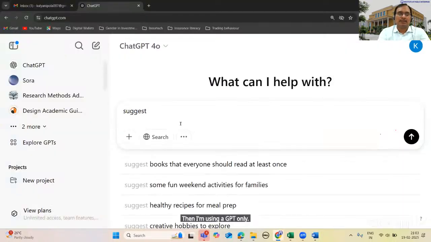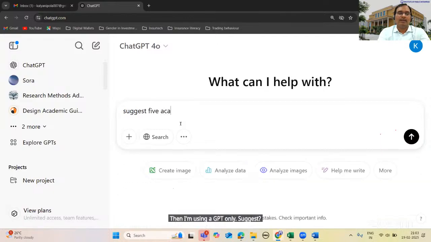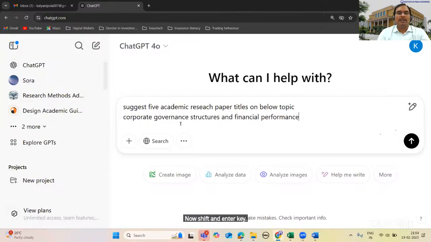Suggest 5 academic research paper titles on the below topic. Shift and enter, then I put corporate governance structure and financial performance.